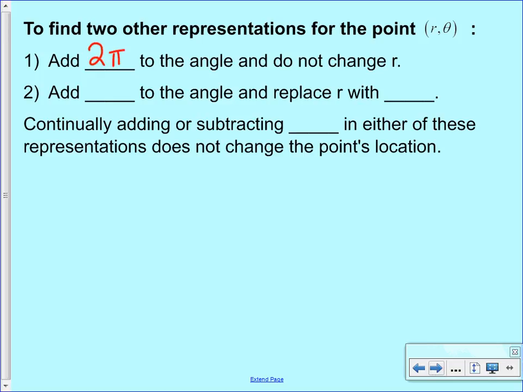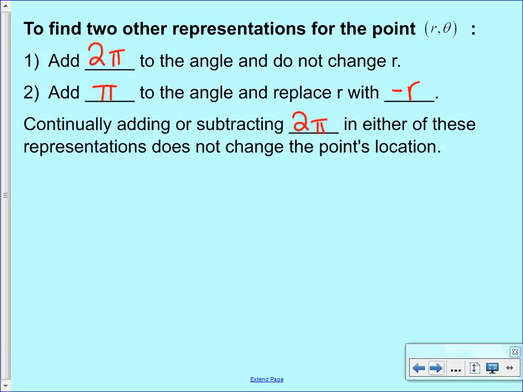So to change an angle without changing the radius, just add 2 pi. If you do change the radius to a negative, then all you do is add pi to the angle and replace r with negative r. So if it wants a negative radius, then you just add pi to the angle. Continually adding or subtracting 2 pi does not change the location of your terminal point.